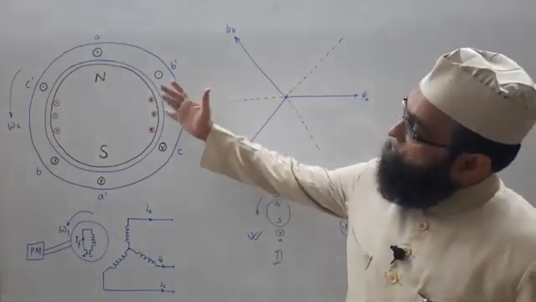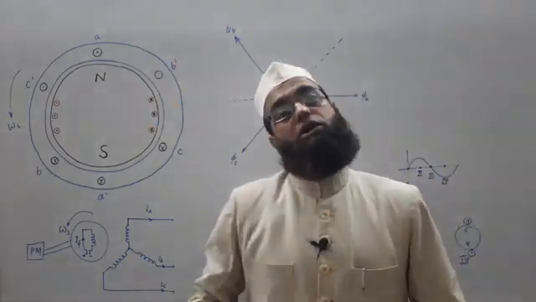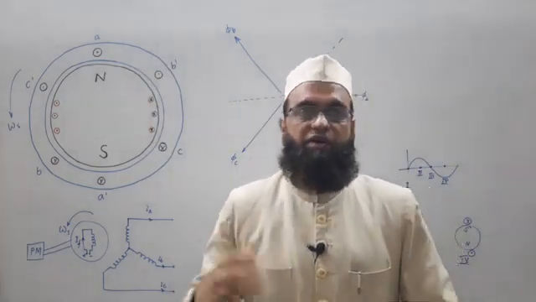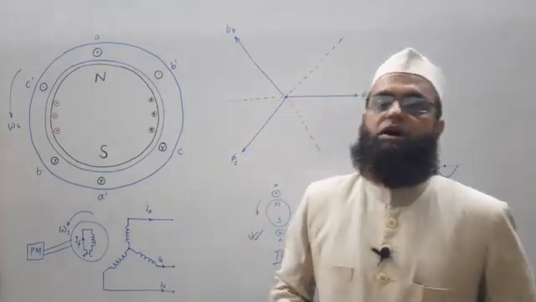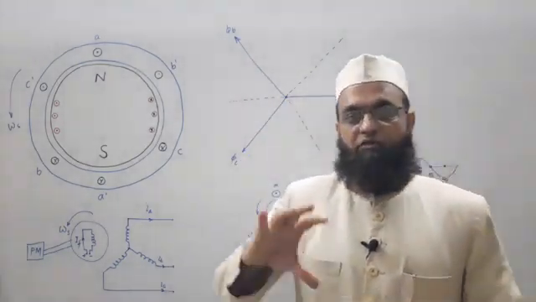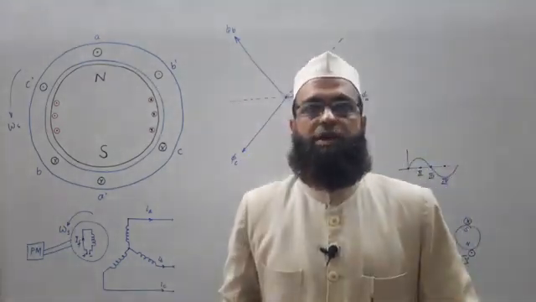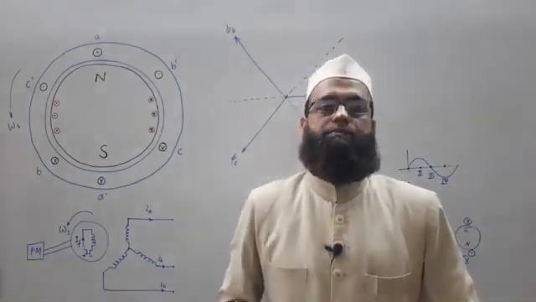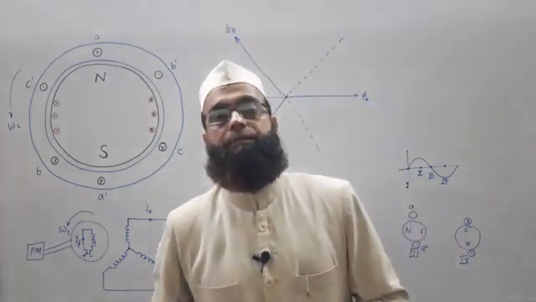So the effect of this armature field on the main field is important to study, and this effect is known as armature reaction. In other words, the effect of armature flux on main field flux is known as armature reaction.